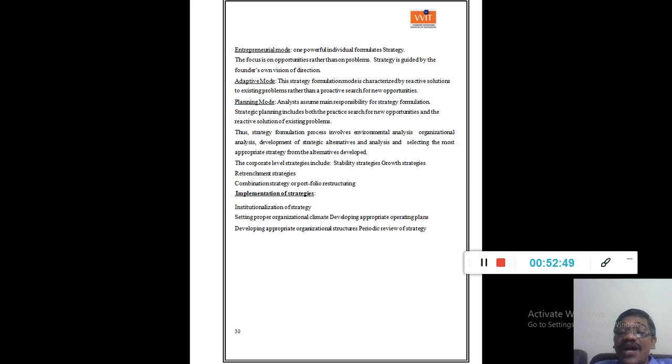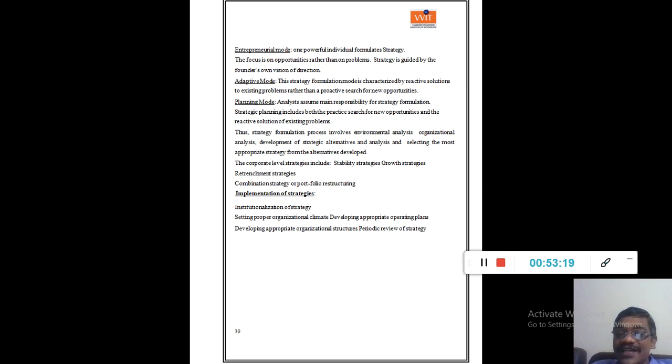For it, after formulating, in order to implement that strategy, you need to develop appropriate operating plans. And you need to set a conducive organizational climate in which your employees should work properly. They should feel happy to work. And then developing appropriate organizational structures.